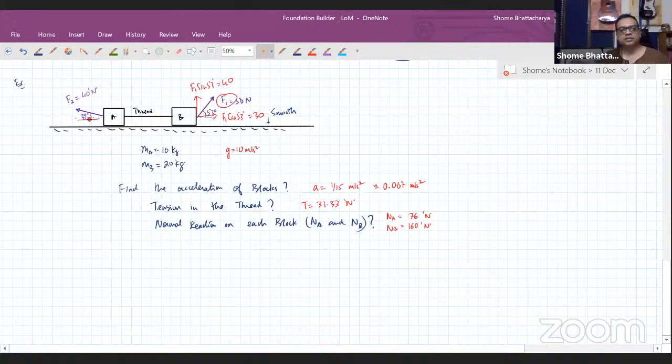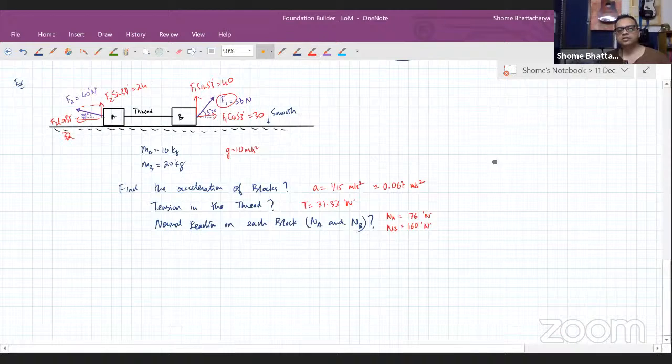And similarly, break this into two components. So this will be F2 sine 37, so that will be 24 newtons, and this will be F2 cos 37, so that will be 32 newtons.